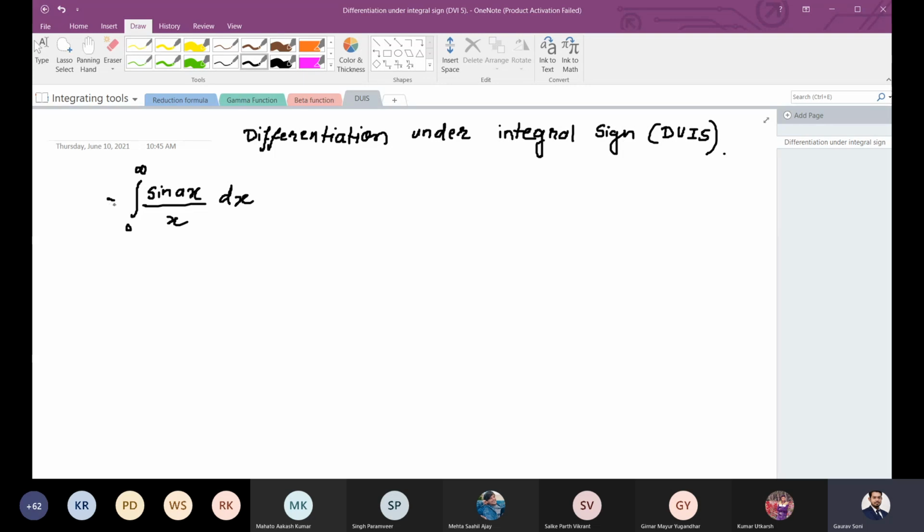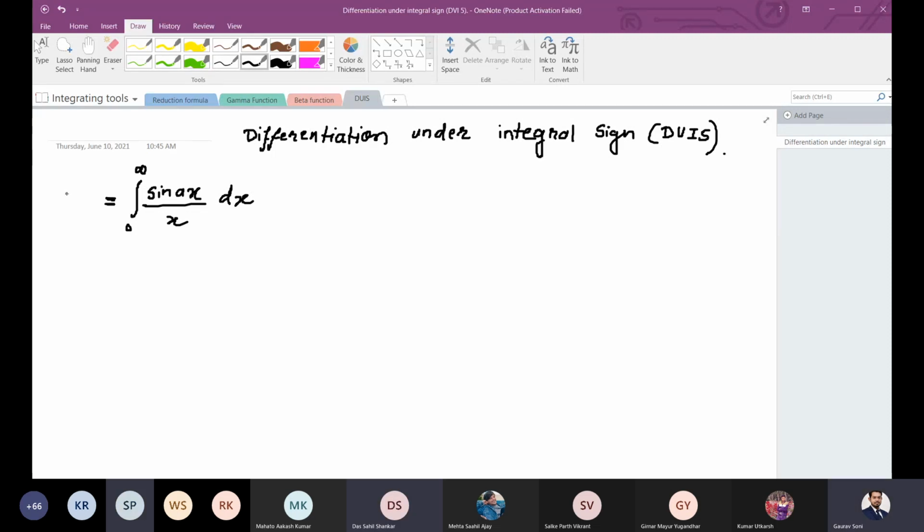Can someone tell me, the answer will be a number or it will be some function of some variable, or what it is going to be? If you solve this integration, will you get a number?